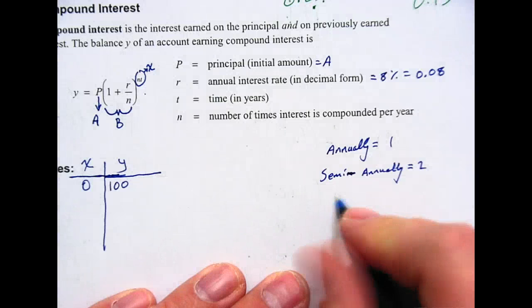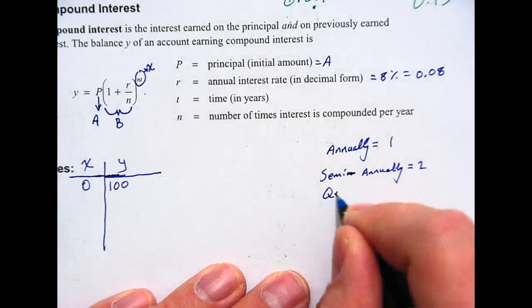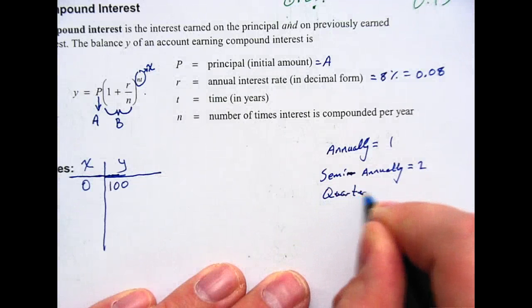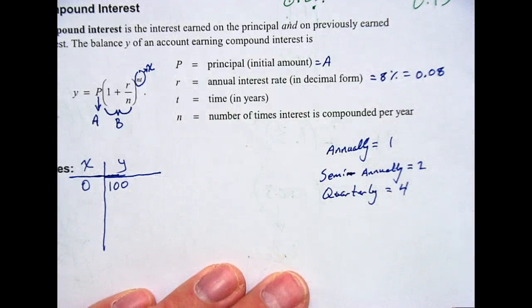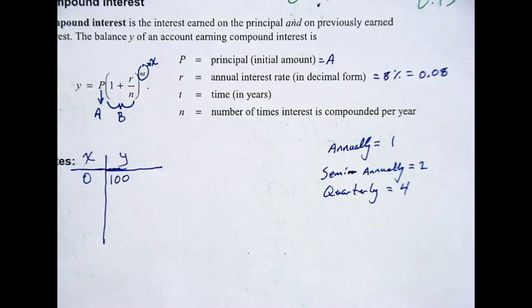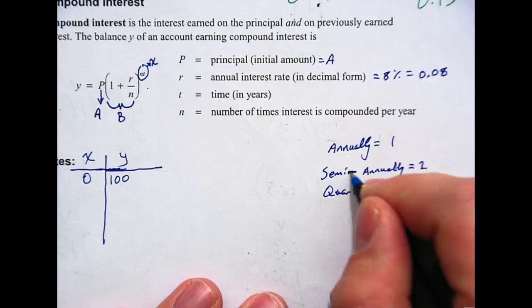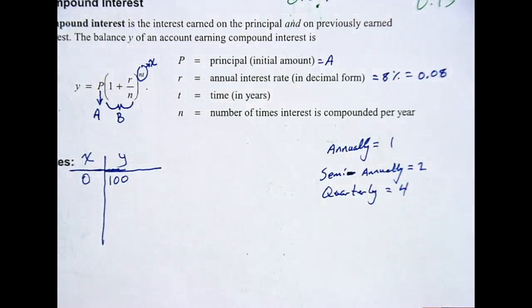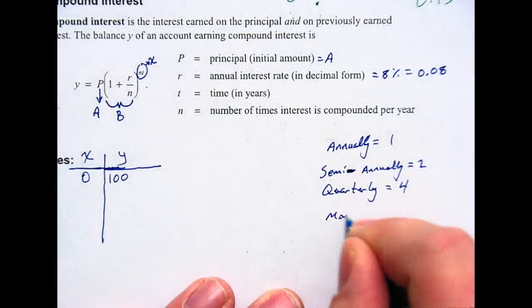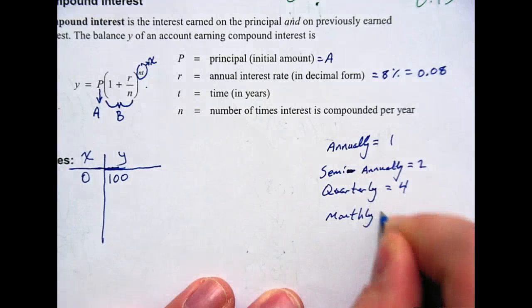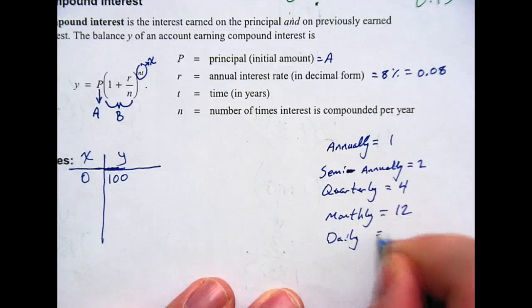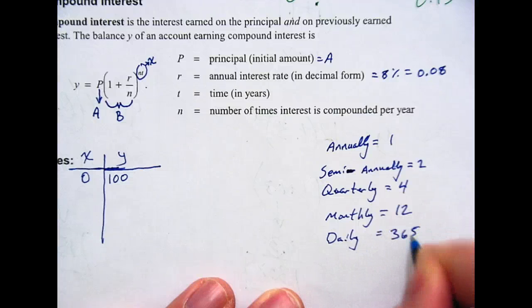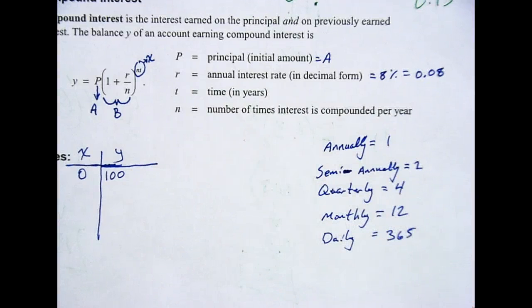If I earn things quarterly, how many times do I get that? 4. 4 quarters in a dollar, right? Those are the ones we'll hear. Monthly, how many times? 12. Daily? Good, and we're going to go 365. We're not going to worry about all the other stuff there.